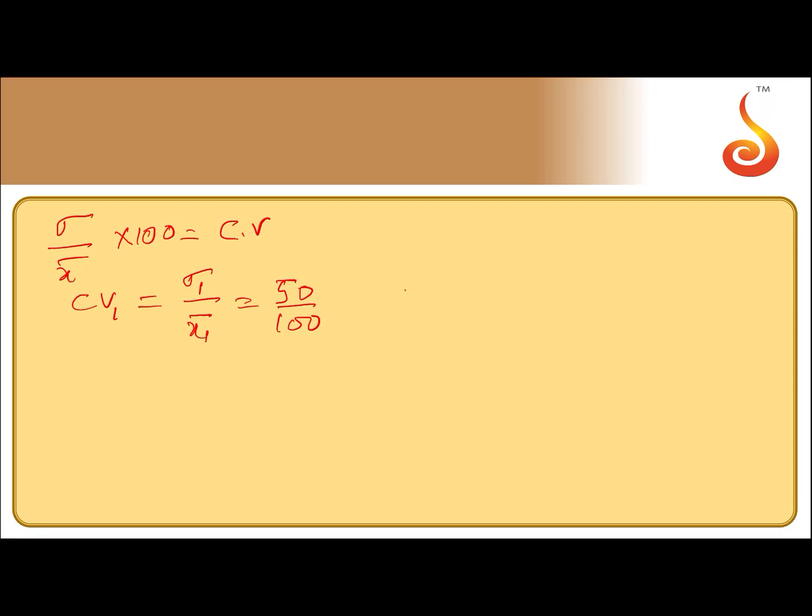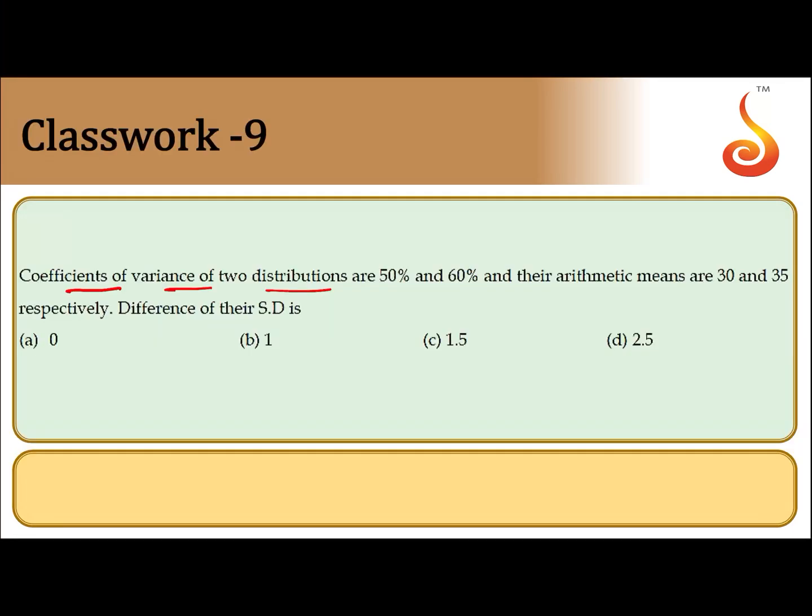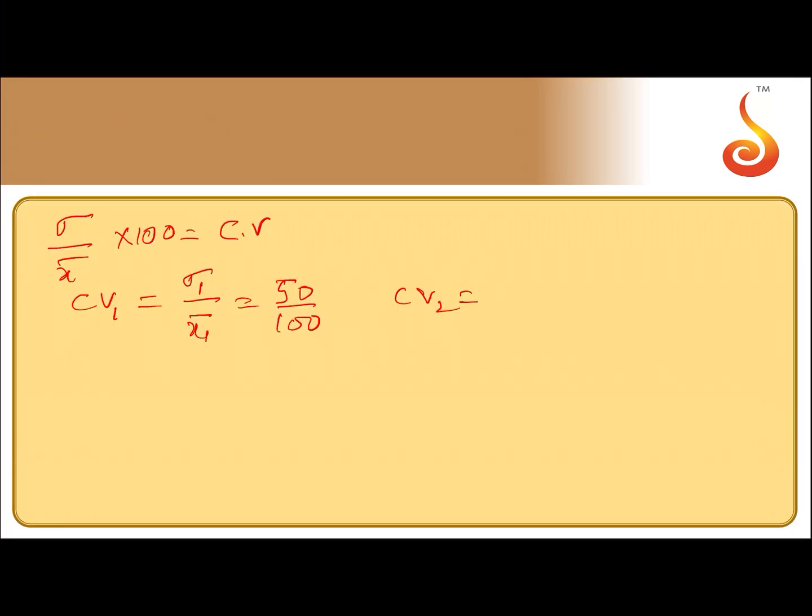Similarly, the coefficient of variance of the second one is 60%, so sigma 2 by x2 bar is equal to 60 by 100.